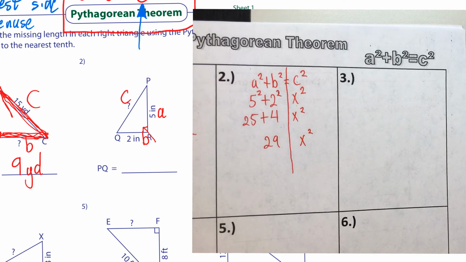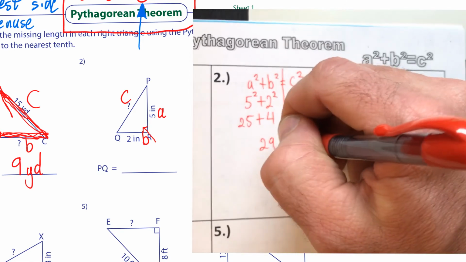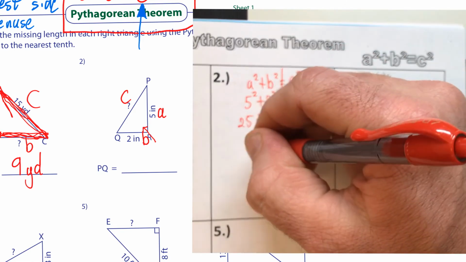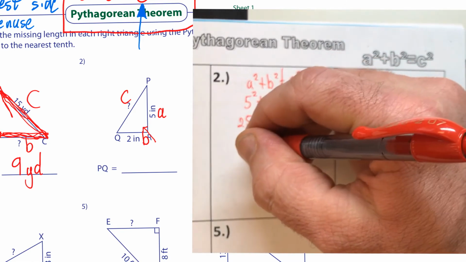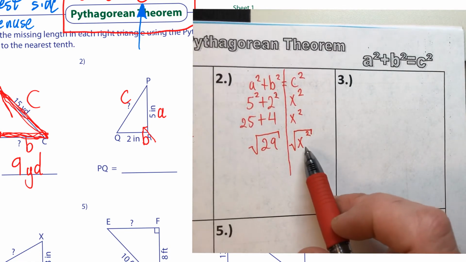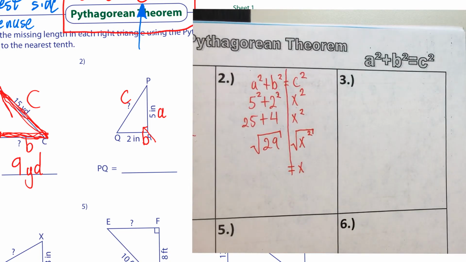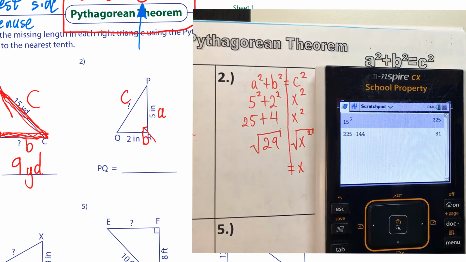All right, then what do we do? How do I get rid of this square? Take the square root. Don't forget about that part. Okay, so over here on this side, when I take the square root of x squared, that just leaves x. And over here, we're just going to get a decimal on this. So what's the square root of 29? 5.38516. Okay, let me just throw it up here real quick.